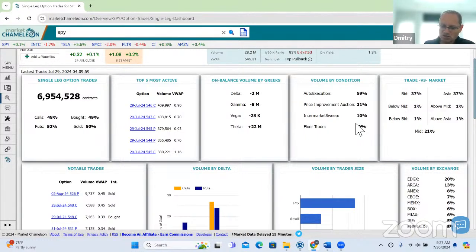So let's say you have an exchange that's showing the best price, but it's only one contract and you need 100. And the next best exchange has 99 available, but it could be at a higher price.